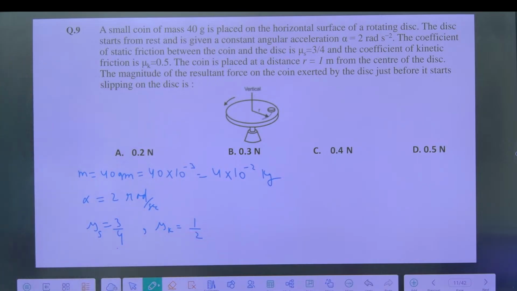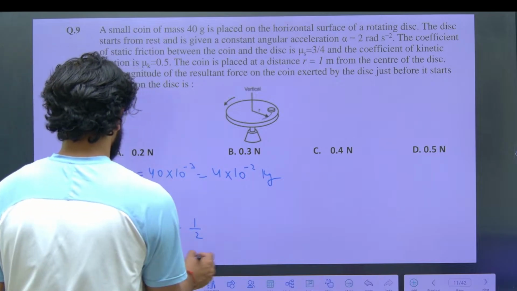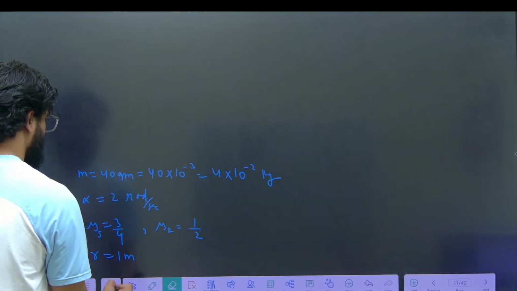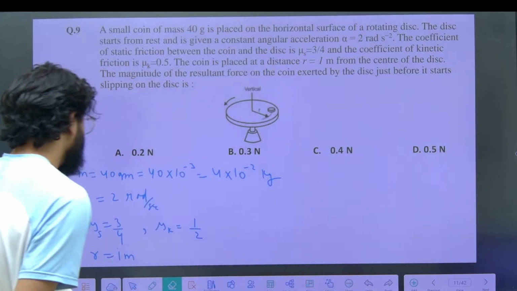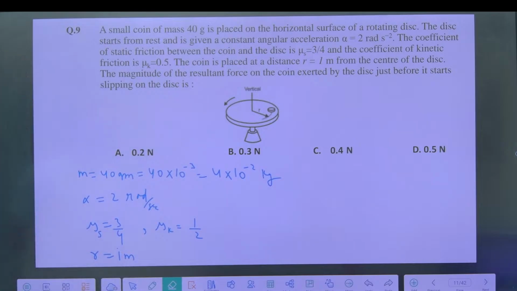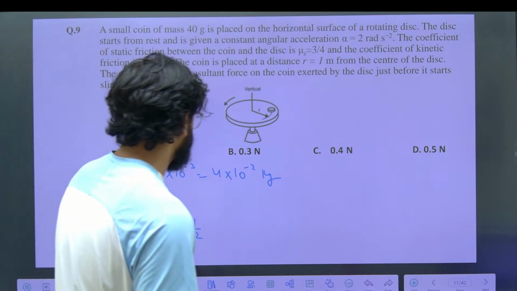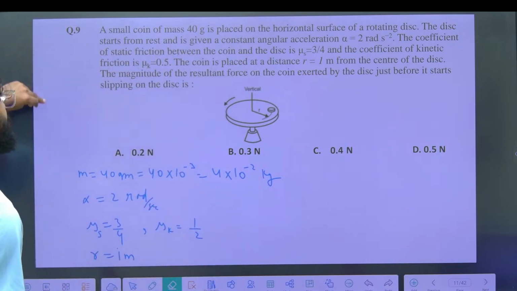Okay, the coin is placed at a distance r equals 1 meter, R is given as 1 meter from the center of the disc. The magnitude of the resultant force on the coin exerted by the disc just before it starts slipping on the disc.